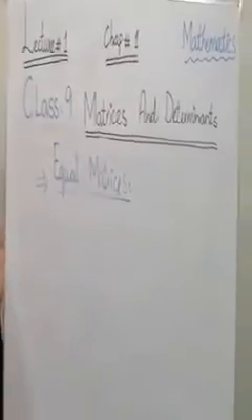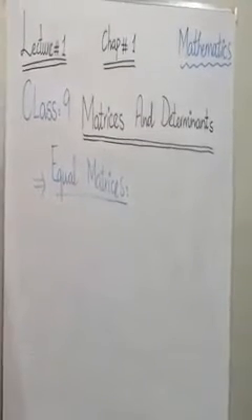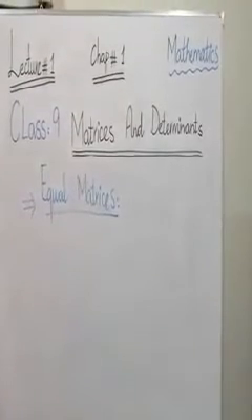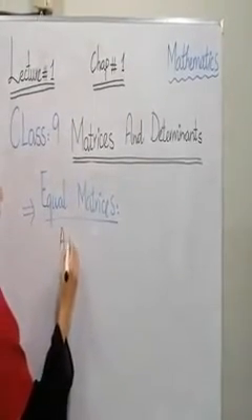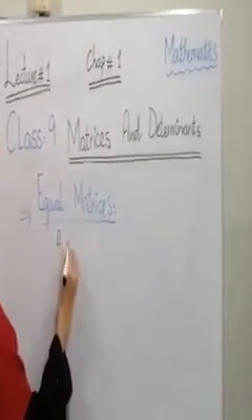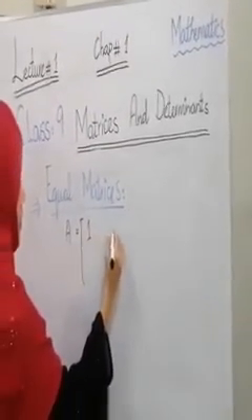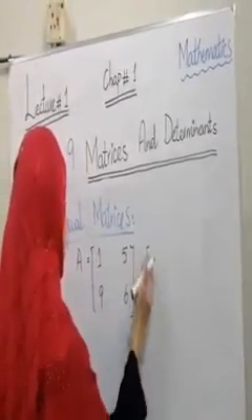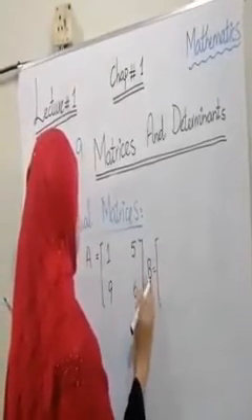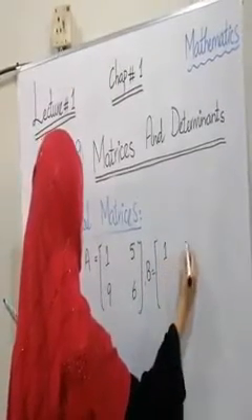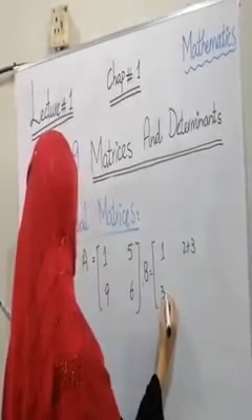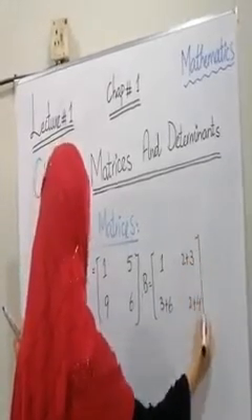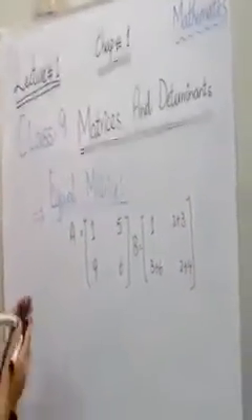But there are some conditions on which we can say that two given matrices are equal. Let's suppose we have two matrices, A and B, and we have to check whether these two matrices are equal.